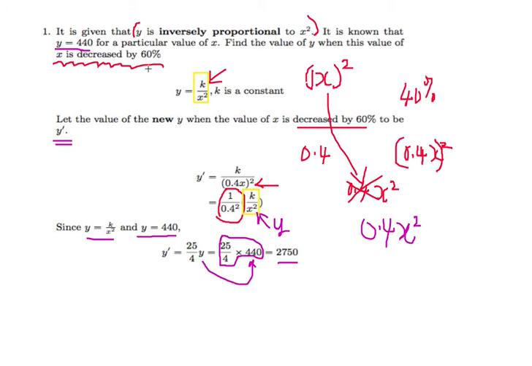Sorry, it's not x squared that's decreased by 60%, it is x. So you have to take the whole x, and then bracket the whole thing and then square it.